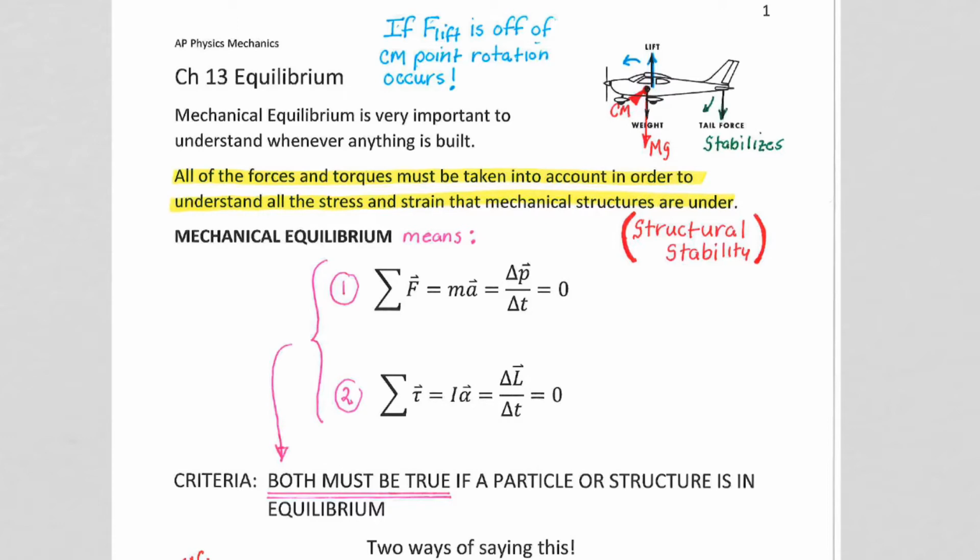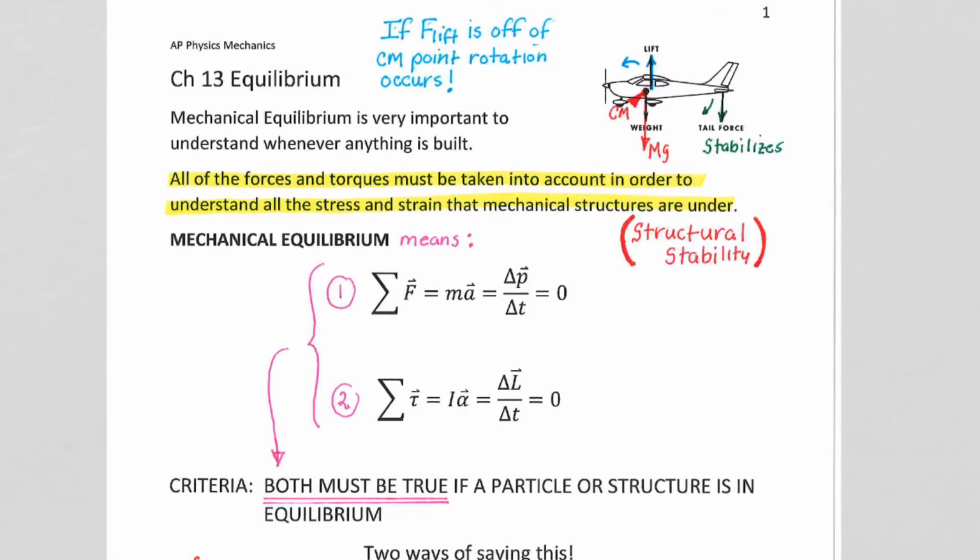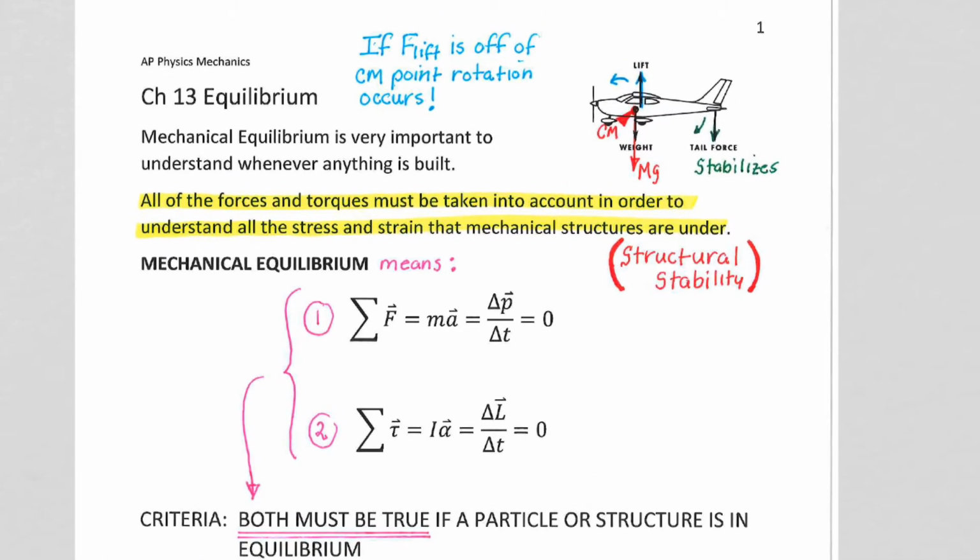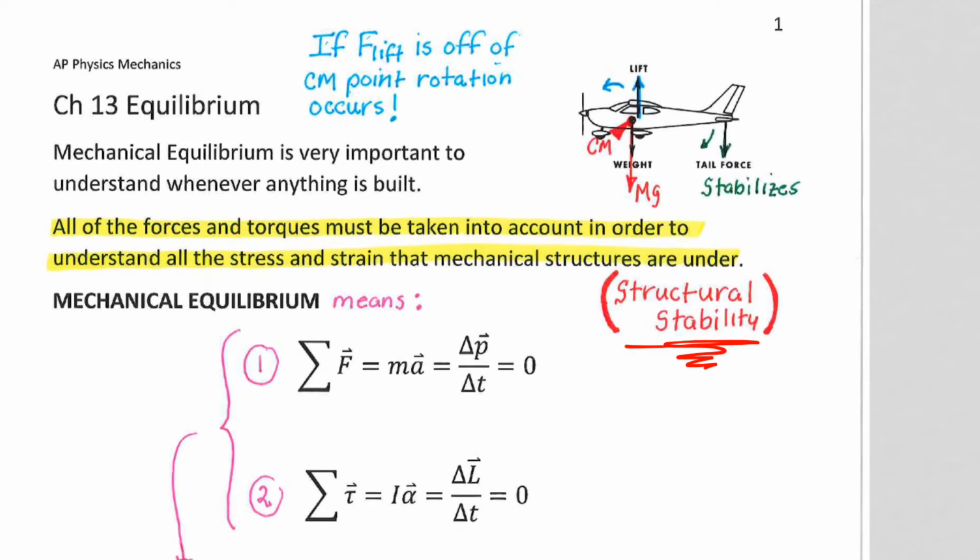And why is this important? It is often used for structural stability. And here we have kind of a dynamic structural stability example of an airplane.